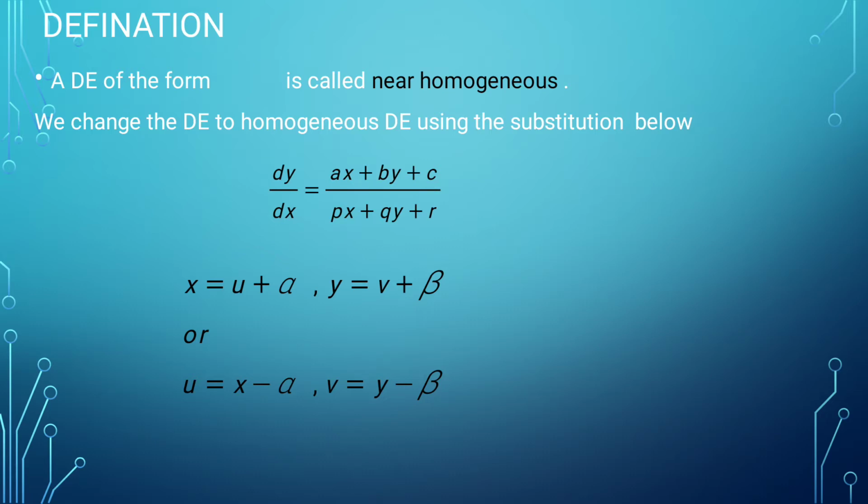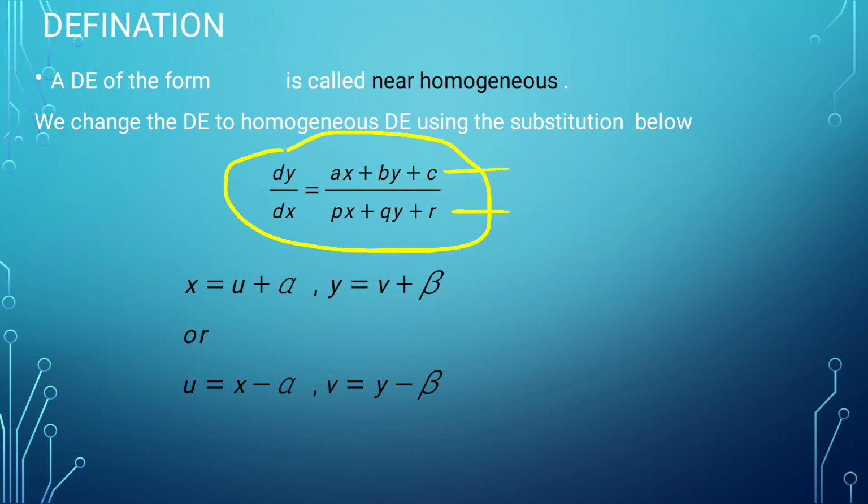So a DE of this form, dy/dx equals (ax + by + c) over (px + qy + r), which if you look at it, the numerator and denominator are just linear equations.